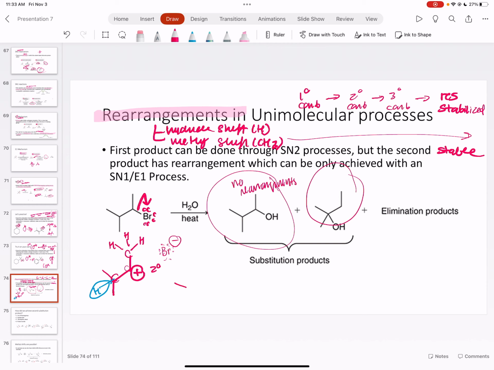And if we do that hydride shift, we have our tertiary carbocation. And then we're just gonna proceed, and water is gonna attack that positive charge.